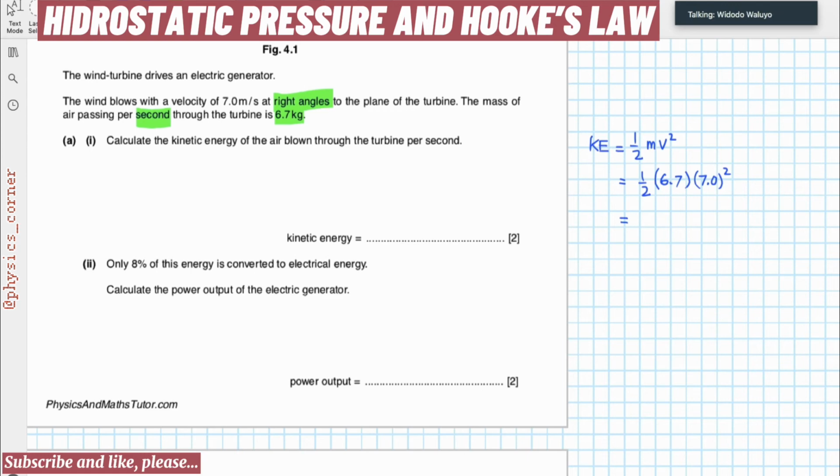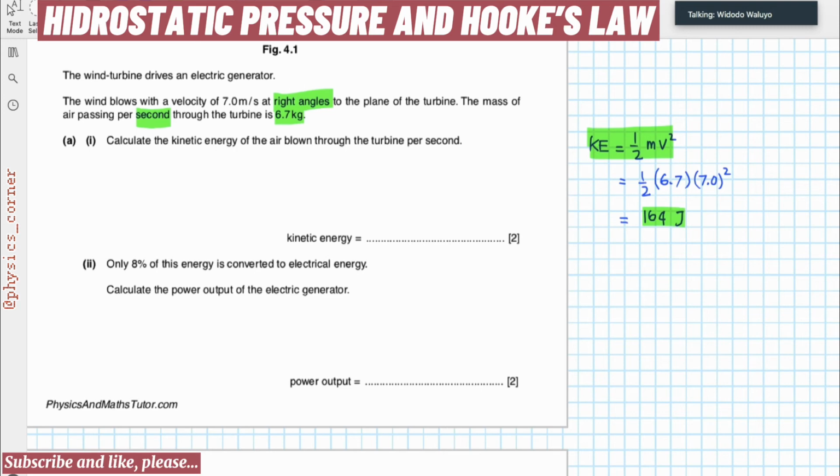So I calculate first, ya. 6.7 kali 49 bagi 2 is 164.15. If we round off this number, 164 joules. That's it. Ini harus hafal ya, kinetic energy. Pasti udah hafal sih dari dulu ya.